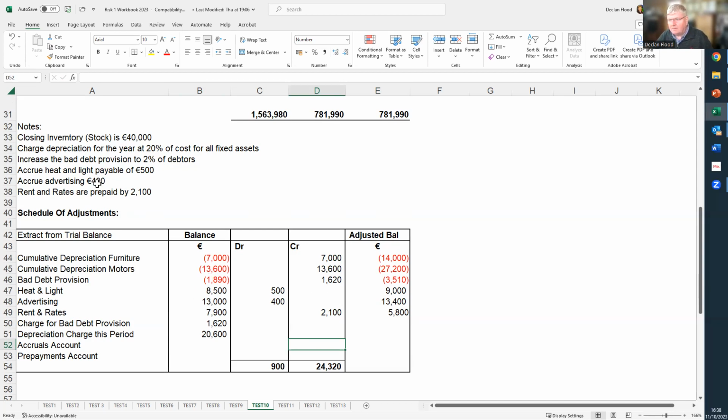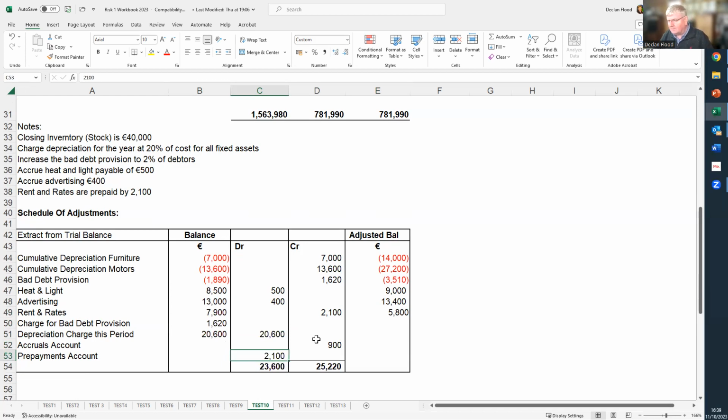Sorry. So that's my light, so that's my 900 quid there. And my prepayments account is for my rent and rates. So that is 2,100. So let me just see that. And sorry, the depreciation charge for this period, I've left that out, which is 20,600.